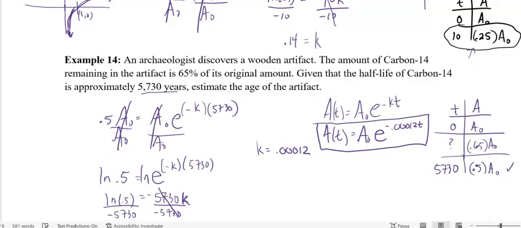Okay. So how old is this model? Well, that's a t. And how am I going to find that? Well, what else do we have? We do know this bit of information. Okay. So at 65%, so let's just plug it in and think about it.